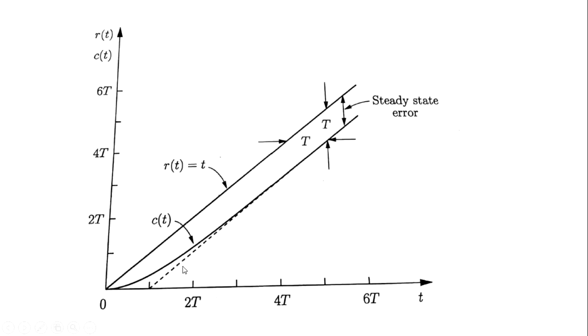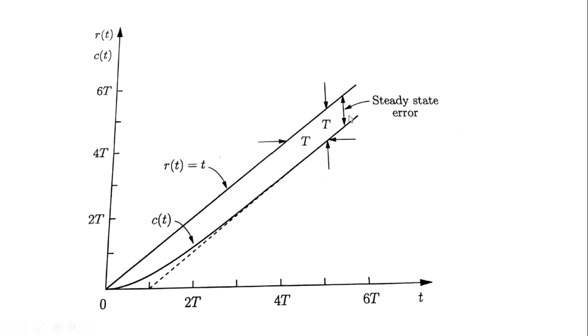In this case, the final value is a ramp. If I put a ramp into the system, eventually the steady state response is to follow that ramp. Initially I have an exponential plus a ramp, and eventually the exponential is dead and I'm just ramping up at my output.